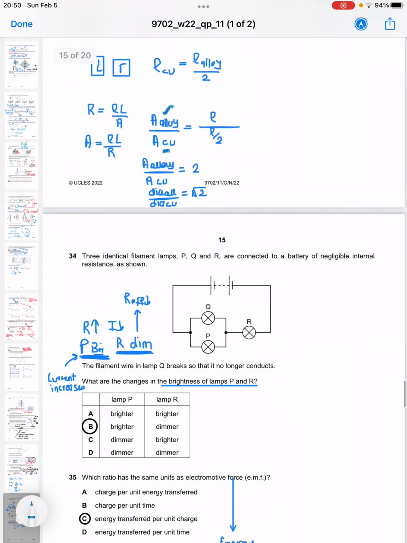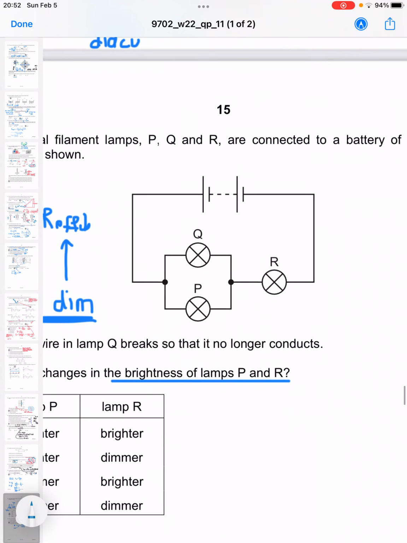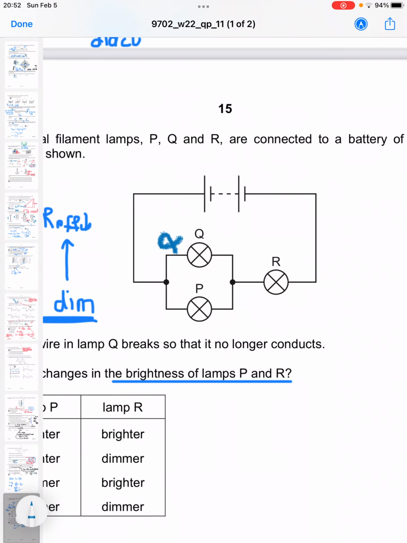Question number 34. It says that 3 identical lamps, P, Q, and R, are connected to a battery of negligible internal resistance. The filament wire in lamp Q breaks so that it no longer conducts. So when Q breaks, it's no longer there.